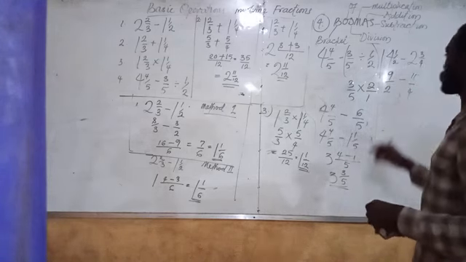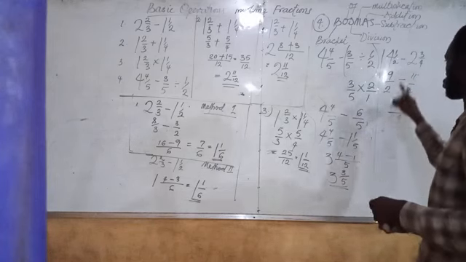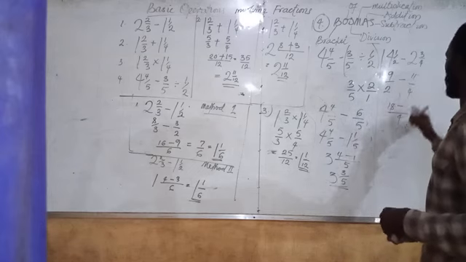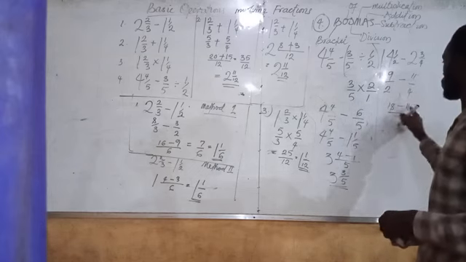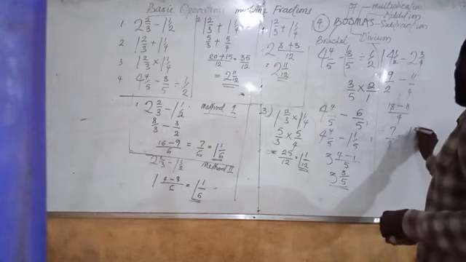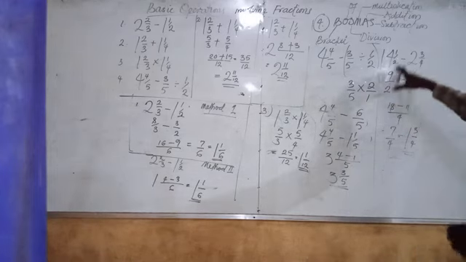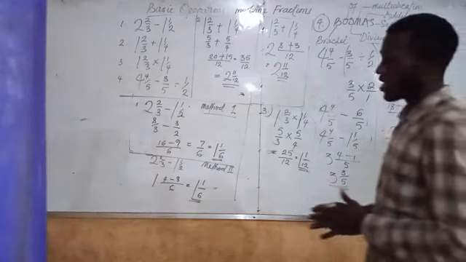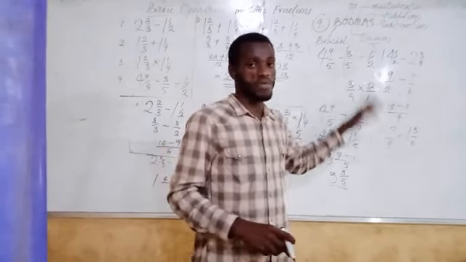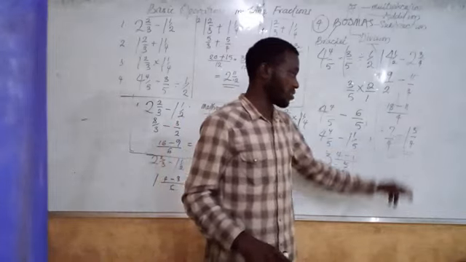So LCM of 2 and 4 is 4 still. 2 in 4, 2 times 9, we have 18 minus 4 in this one, 11. So subtract this, we have 7 over 4. Now we convert this, we're going to have 1 and 3 over 4. So you see that it is quite easier to work when you have converted. So that is why sometimes it's good to convert to the improper fraction, because it's quite handy sometimes.